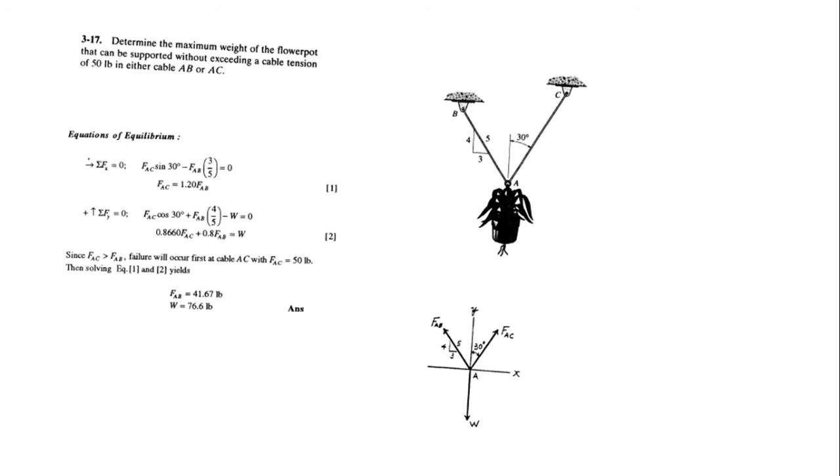So then solve equations 1 and 2. If we solve equations 1 and 2, remember the force AC has to be less than the 50 pound force. If you solve it, it comes out that force AB is 41.67 pounds and the force W comes out to be 76.6 pounds.